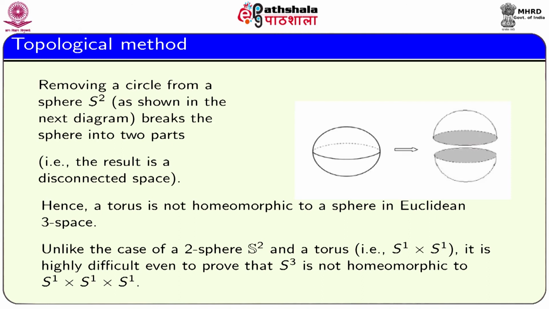Unlike the case of a two-sphere and a torus, it is highly difficult even to prove that S3 is not homeomorphic to S1 cross S1 cross S1.